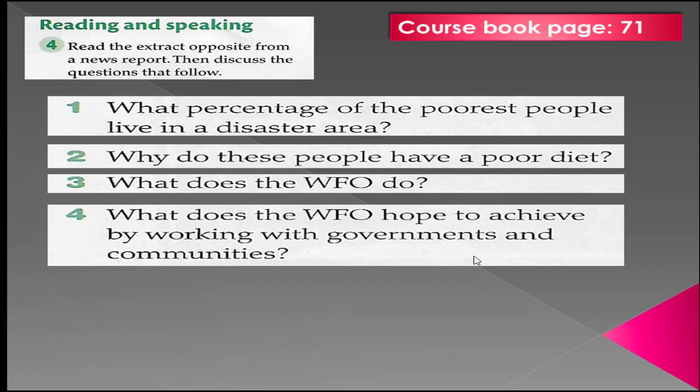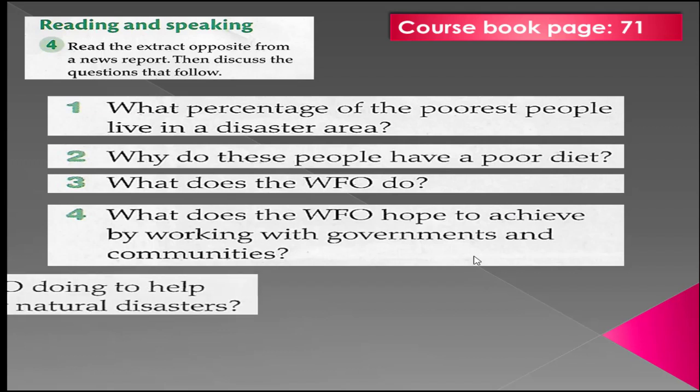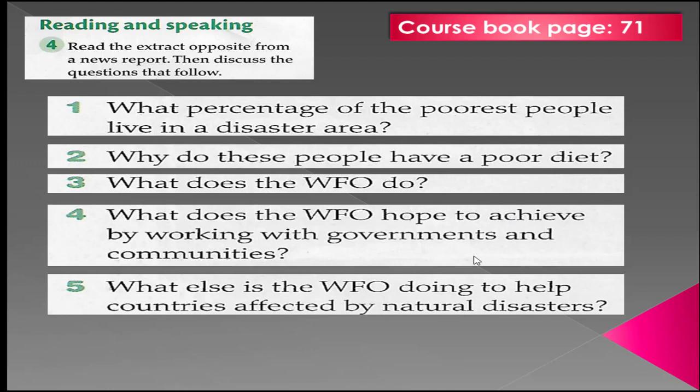What does the WFO hope to achieve by working with the governments and communities? What is its goal when they collaborate with governments and communities? What else is the WFO doing to help countries affected by natural disasters? The extra activities that WFO does.